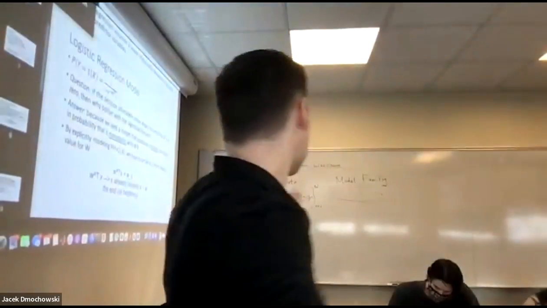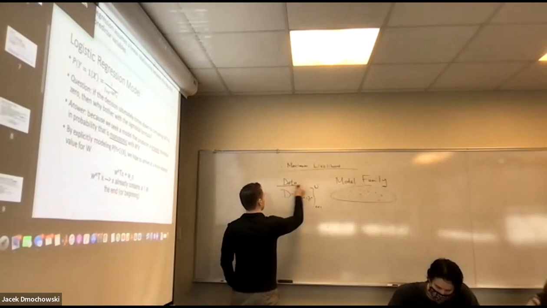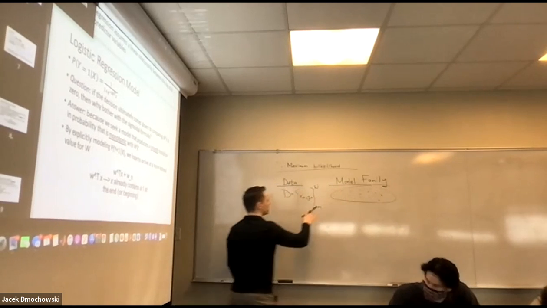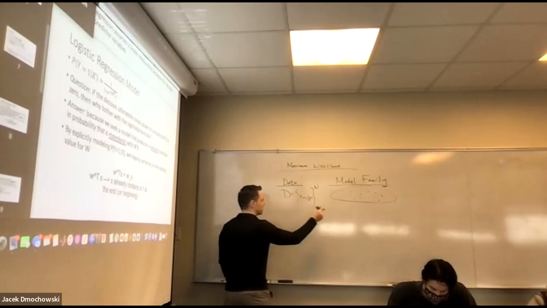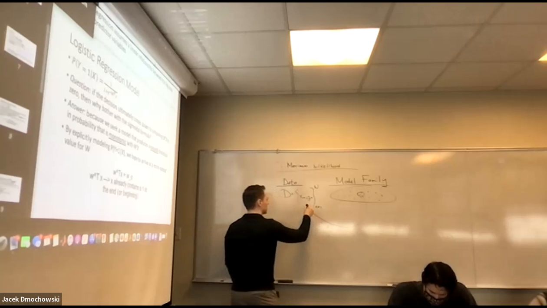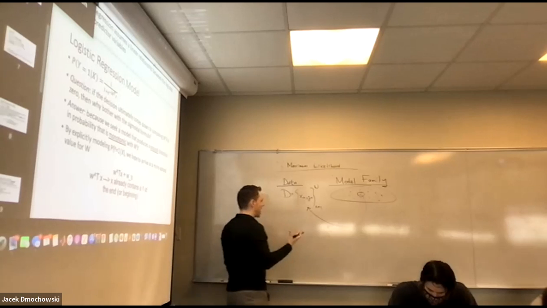All right. So the idea behind maximum likelihood is that you have a set of models and then you collect some data. And then you have to pick one of the models to ascribe to your data.